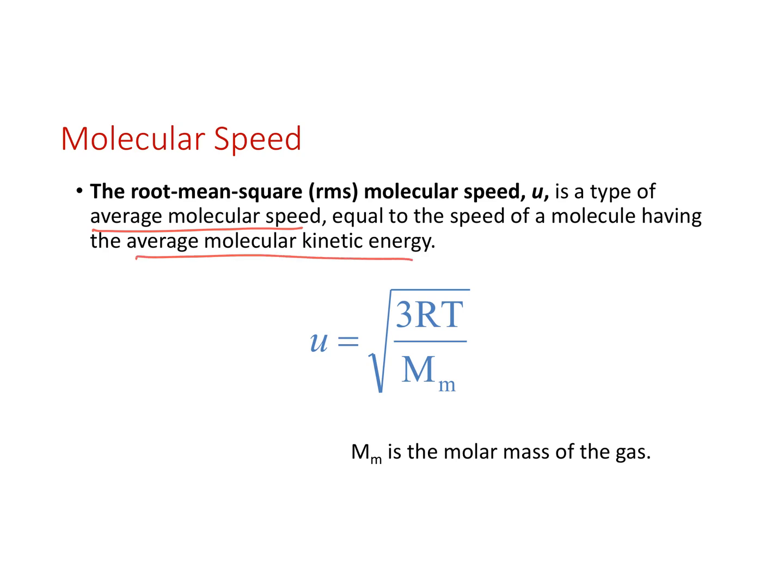It's important because this ties in our temperature and our molar mass of the gas. There are two important variables in determining the root mean squared speed. T is temperature in Kelvin. R is our universal gas constant.